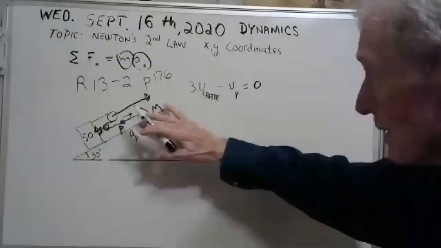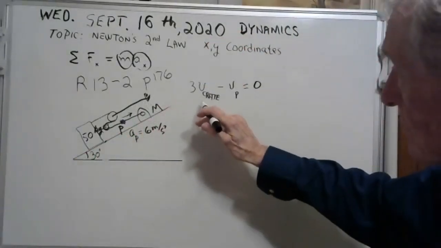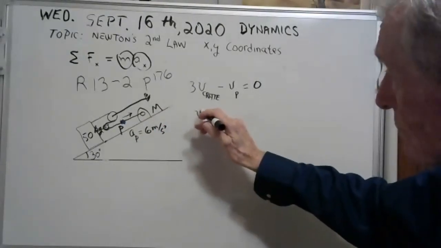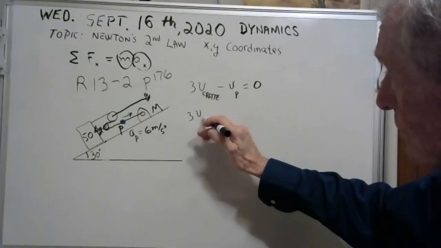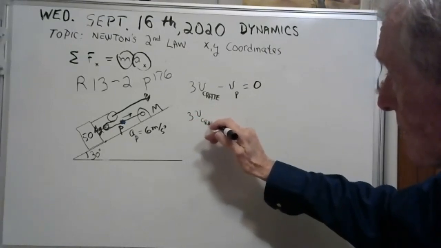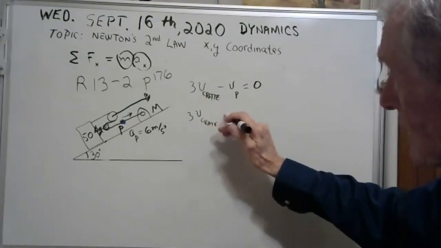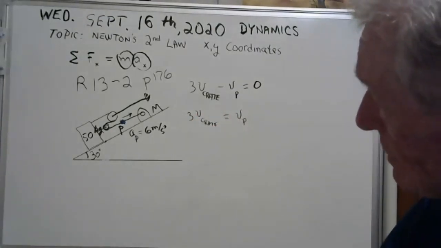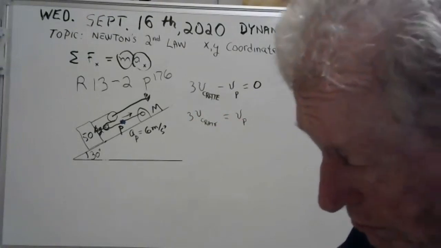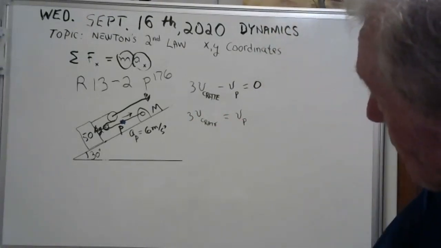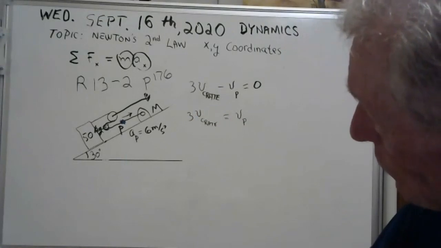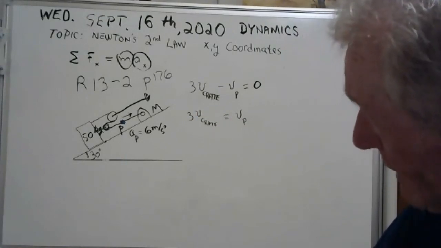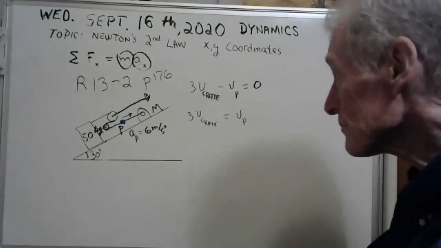These are both going up. And can you see that 3 times the velocity of the crate will equal 1 times the velocity of the blue paint marking on your rope? They're both going in the same direction. We're not going to get confused about that. They can't go in opposite directions.